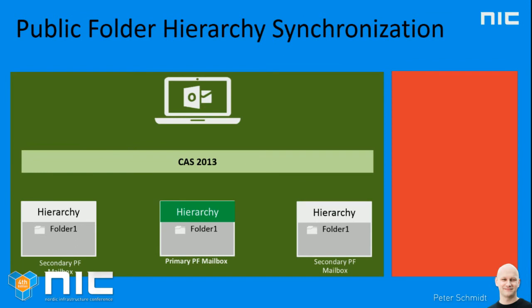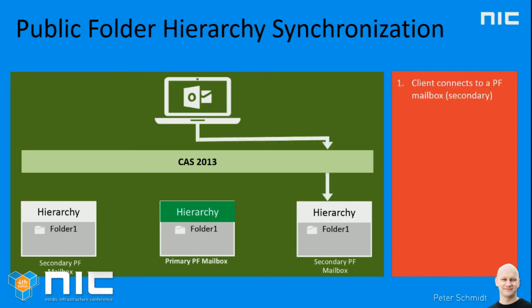If we take a look at how that actually works for the users, we have our public folder mailboxes here. The main one is the one in the Exchange terms called the primary public folder mailbox. This is the one holding the writable copy of our public folder hierarchy. All the other ones are actually just called secondary public folder mailboxes.